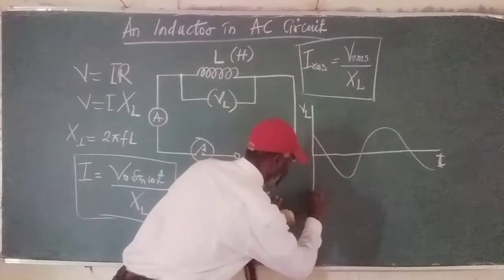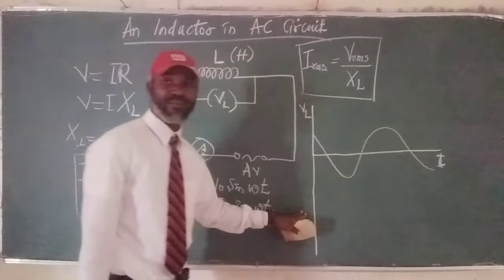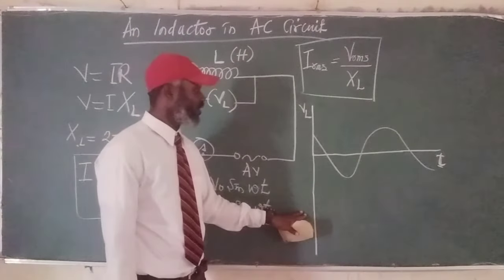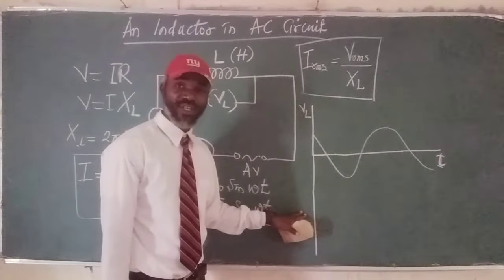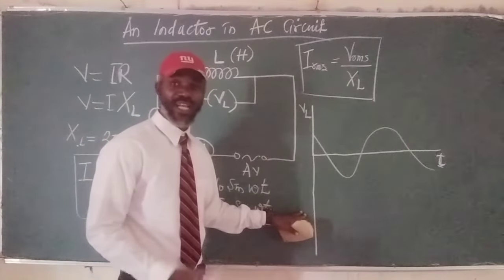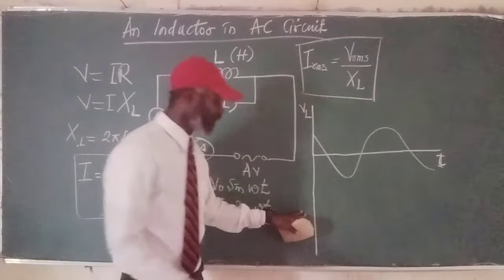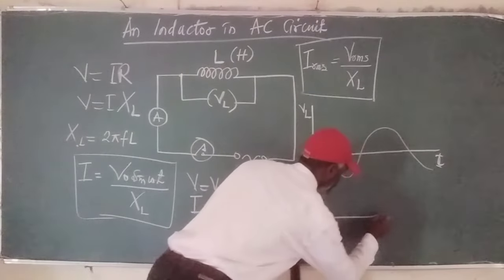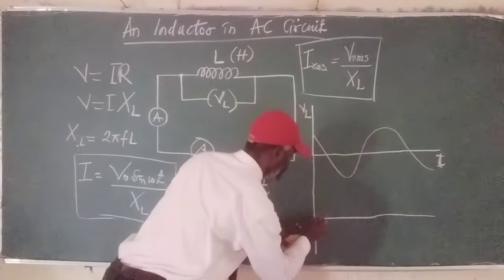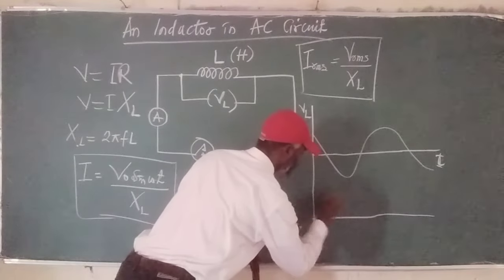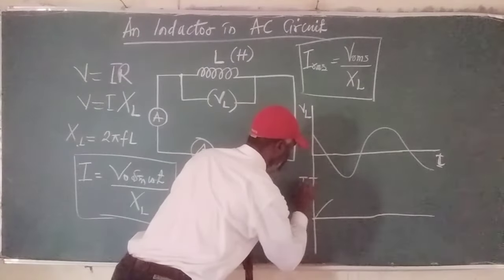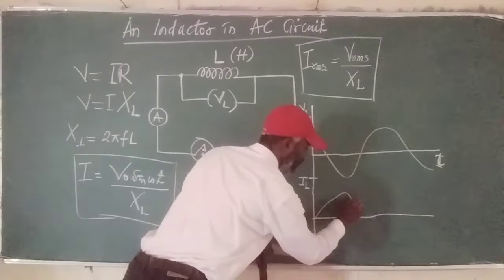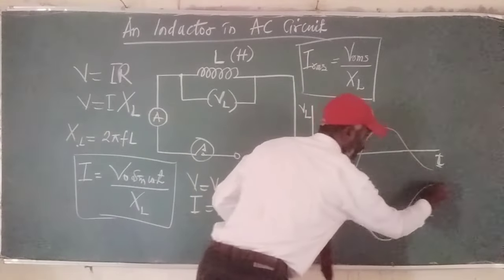Now we extend this diagram to accommodate the character of current when it flows into an inductor in an AC circuit. The current starts from zero, moves up, comes down, moves up again, and so on.